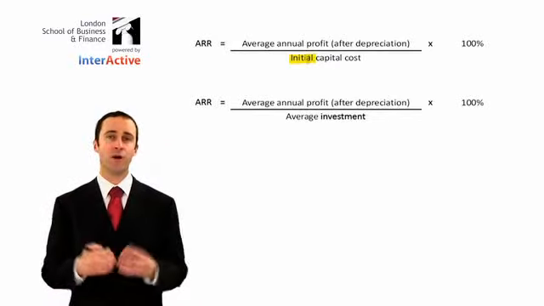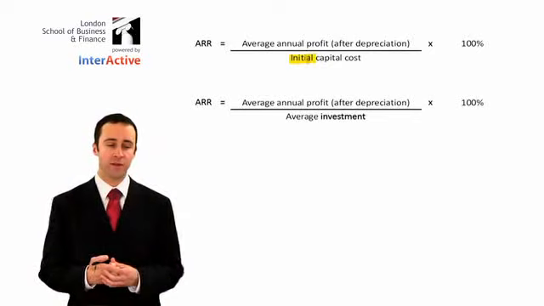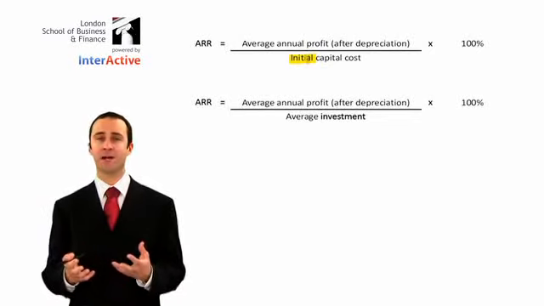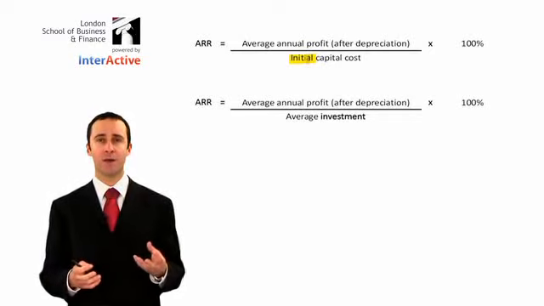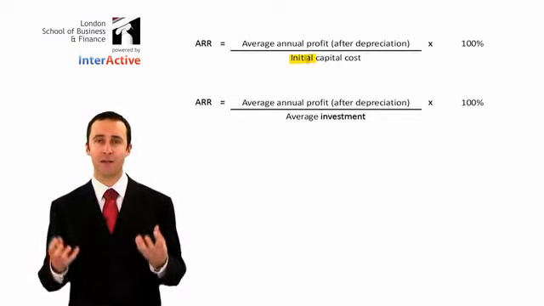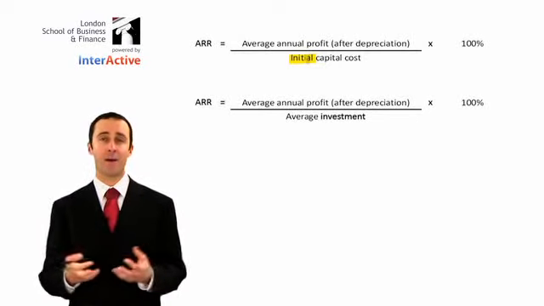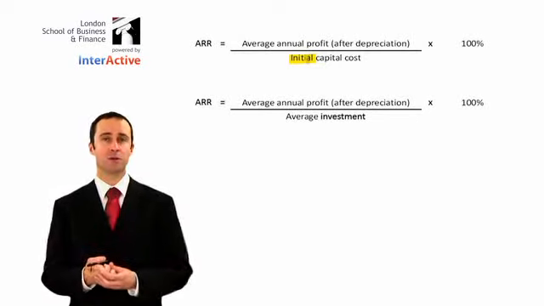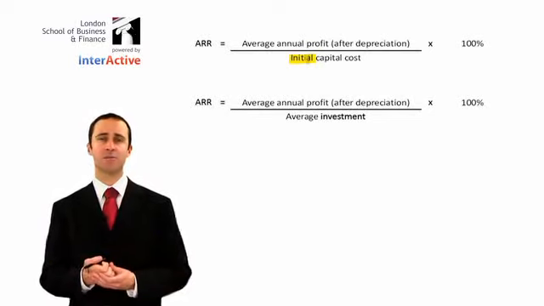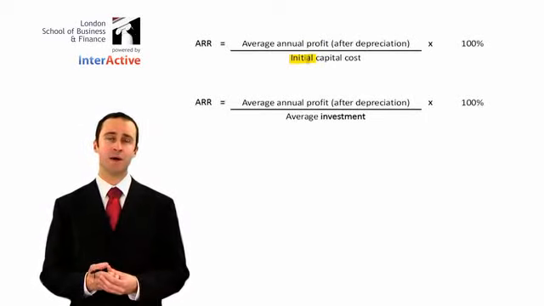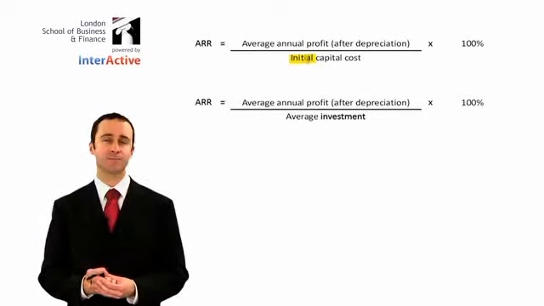So what we look at is your average annual profits, so after charging any depreciation. So what we may have to do is take a cash flow and adjust that cash flow for any depreciation to get back to a profit figure, and divide that by your initial capital cost. Multiply that by 100% to give you your ARR as a percentage, which can then be compared to your predetermined target as to whether we accept or reject the project.